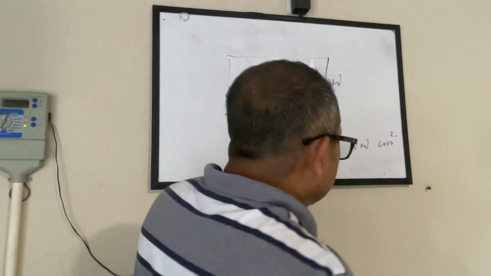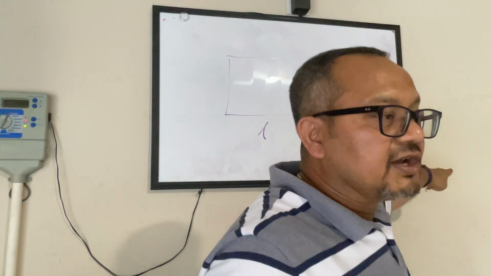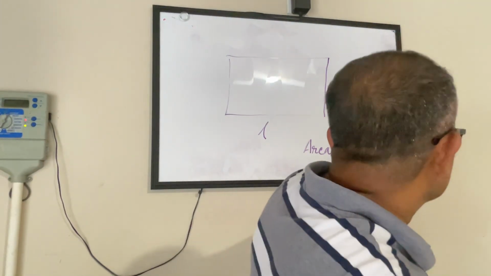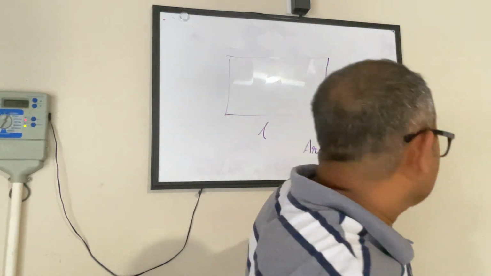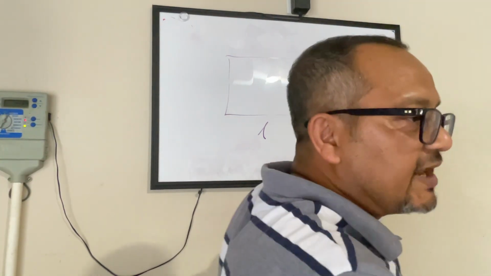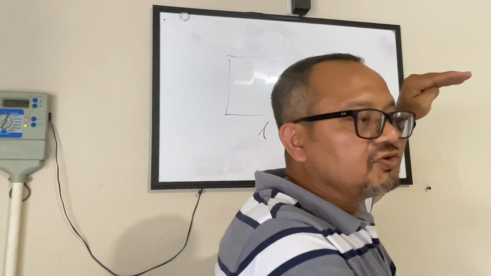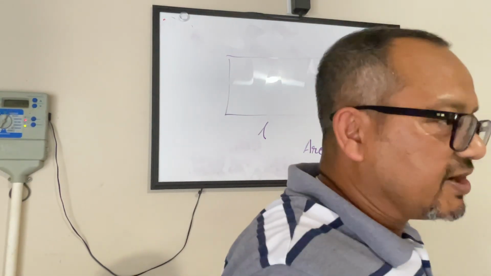I am telling you centimeter square only because I'm able to relate to that box thing that you were seeing. This is not the case always. It will be a square of the unit. So let's say if your length is 5 meter and width is 2 meter, your area will be 5 into 2 meter into meter, meter square.